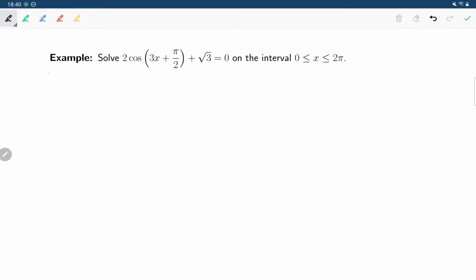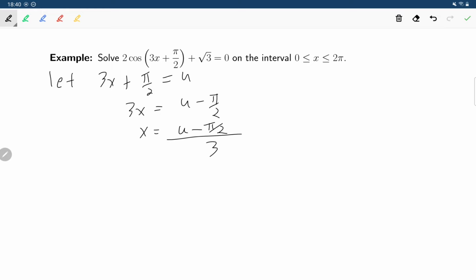So if we're going to think about replacing the 3x plus pi over 2 with u, that means solving for x just for a minute here. I'm not simplifying that fraction because the whole point of this is I'm using this to figure out how this will change my interval of solutions, so I'm not going to bother trying to make this into a simpler expression.